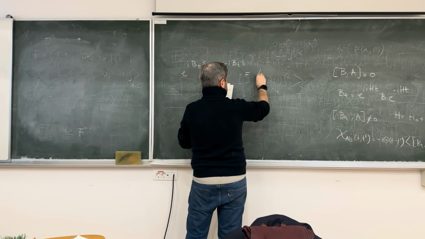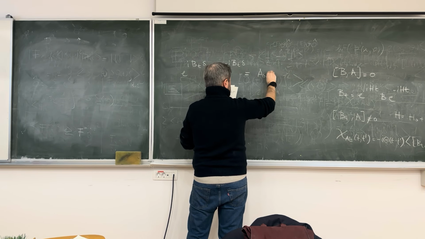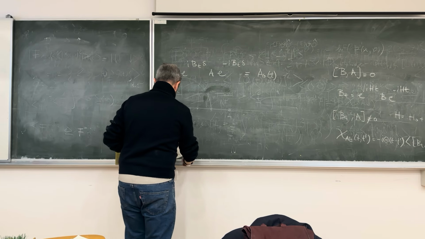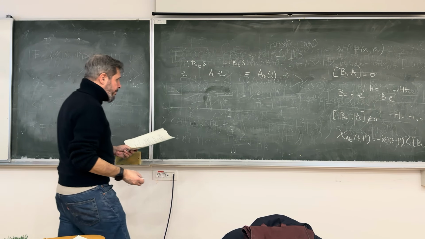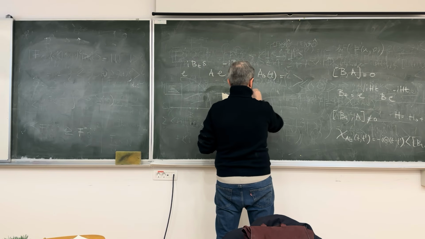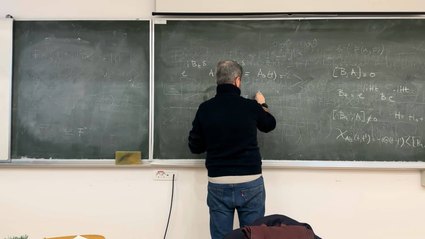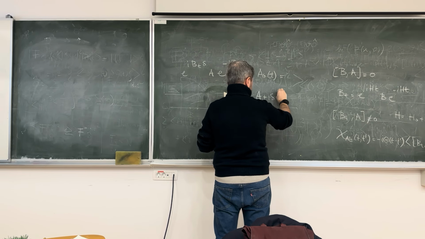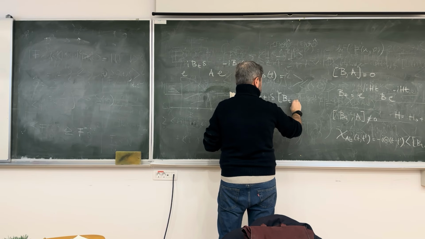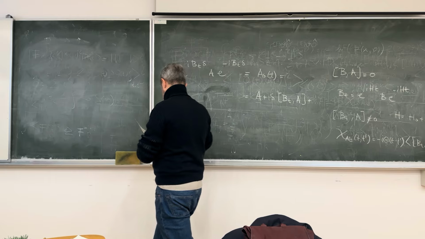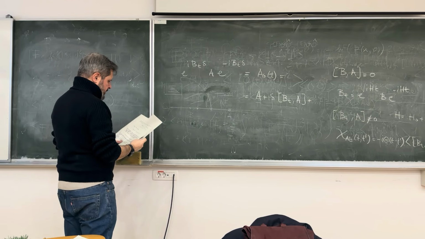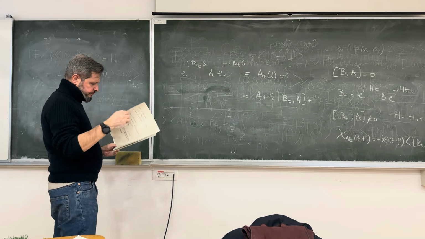So it's going to generate an operator A of delta theta that is non-trivial. And this A of delta theta is of course equal to A plus i delta theta d_t A plus all the others.